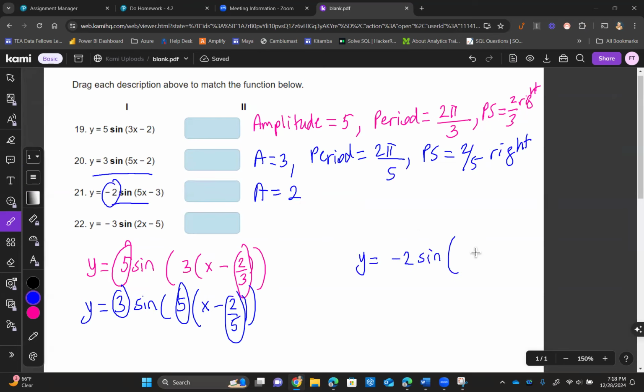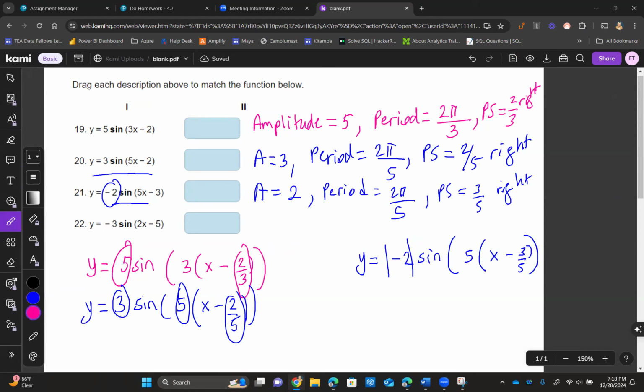I always have to factor the 5 and then put the x alone minus, I need a 3 over 5 while I'm factoring this. 5 times x is 5x. 5 times 3 over 5, the top 5 and the bottom 5 cancel out and I get a 3. So amplitude is the absolute value of this number, which is 2. And period is 2 pi divided by this number, which is 5. And then the phase shift is 3 over 5 to the right.